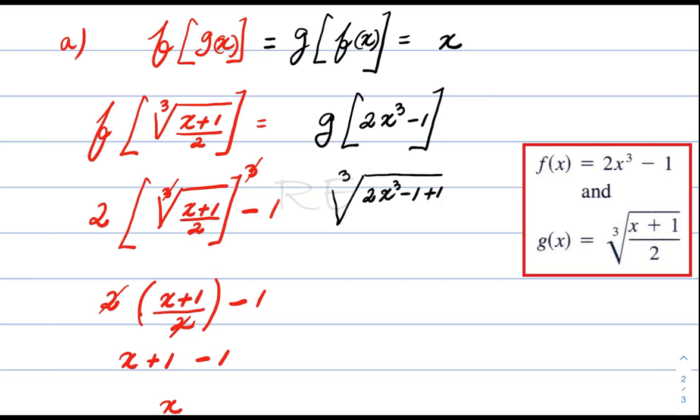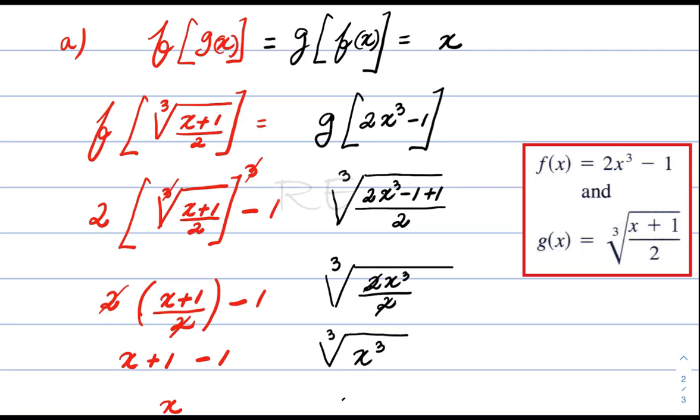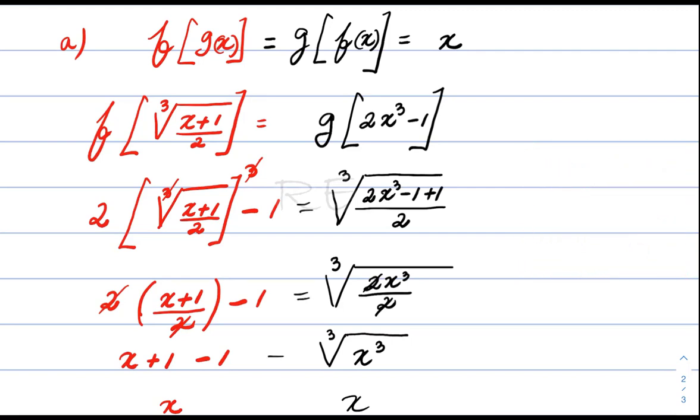So it's going to be equal to cube root of 2x cubed minus 1 plus 1 divided by 2, which is cube root, minus 1 plus 1 is 0, 2x cubed over 2, and 2 over 2 is 1, so it's cube root of x cubed, which is equal to x. So we just showed that the left composition is equal to the right composition, and it's equal to x.